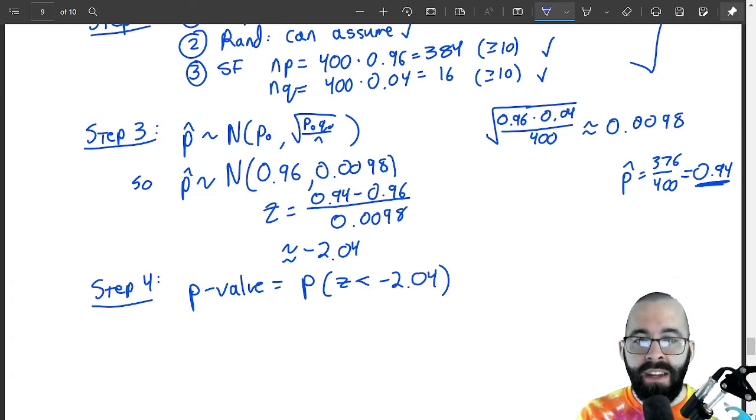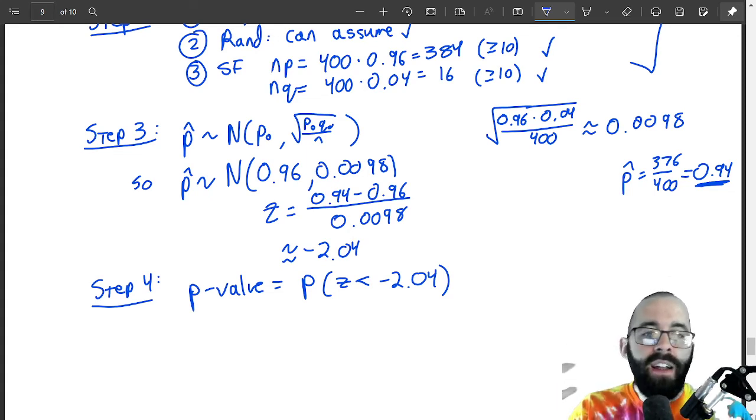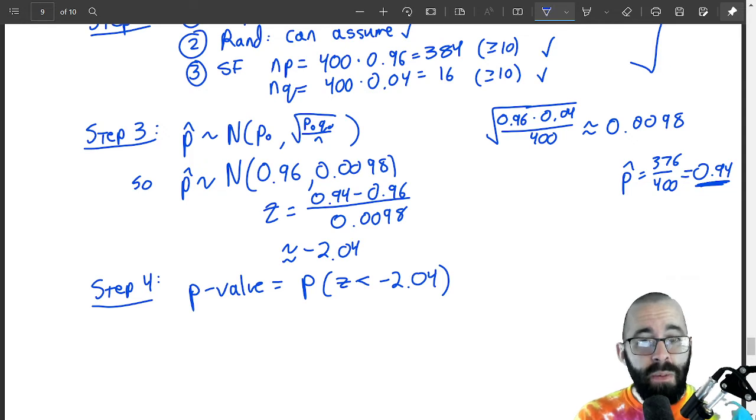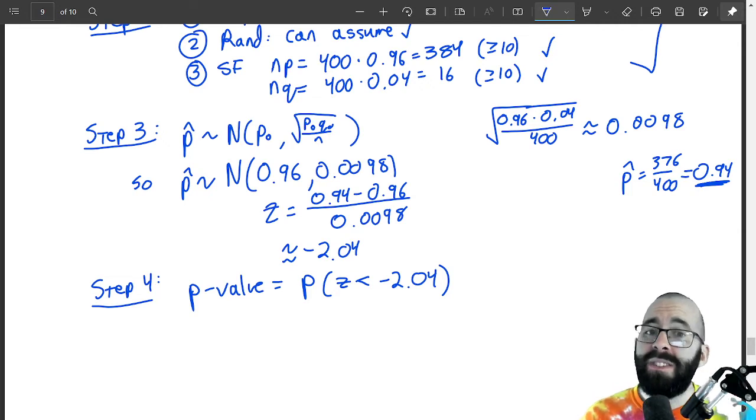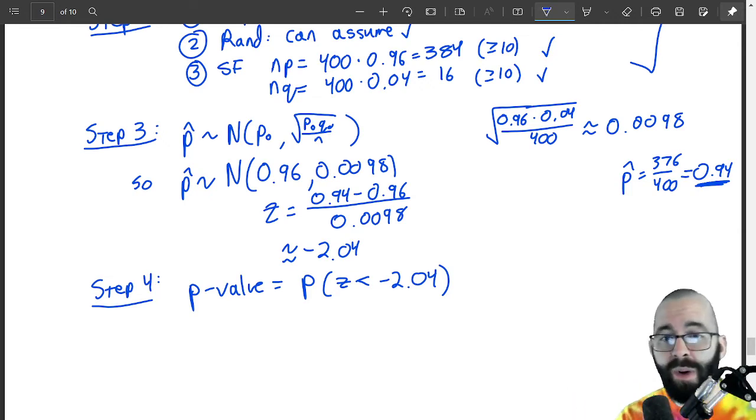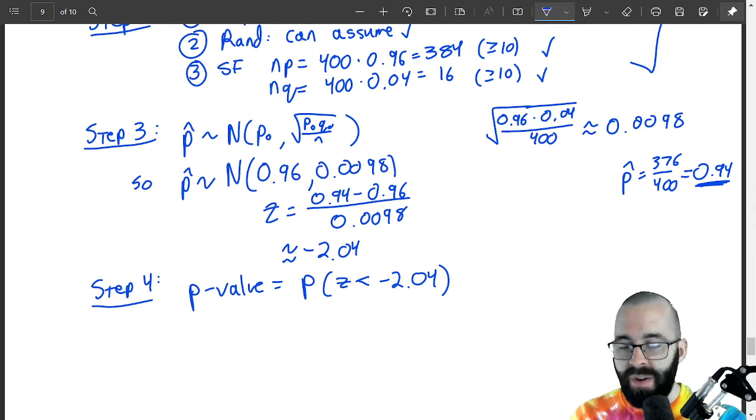What's the probability of doing a sample and getting at least this bad or worse? If this probability is high, well then yeah, it's very probable that we just get unlucky. If this probability is low, if it's very rare to get something this low, then we probably messed up. Our assumption's probably incorrect. We're going to throw out that null hypothesis. If the p-value is low, the null must go.